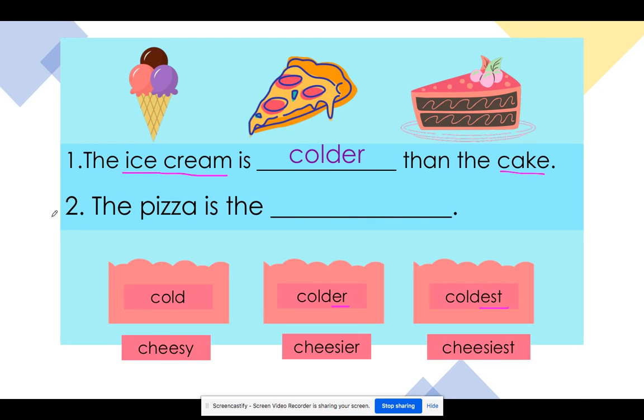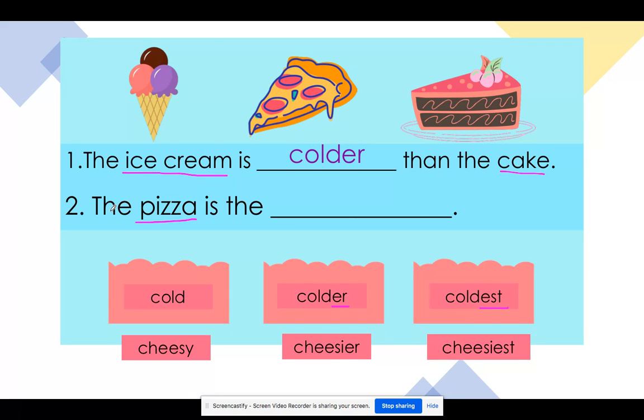And here's our last example. This one says, the pizza is the... So here I'm talking about the pizza, but I'm comparing it to all of the items that I see here. And now looking at our three options that just appeared at the bottom, I have cheesy, cheesier, or cheesiest. Think about pizza and what you know about pizza compared to cake and ice cream.